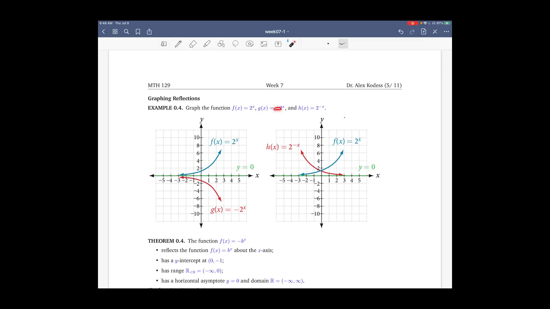The graph of negative 1 times 2 to the power x is obtained from the graph of 2 to the power x by a reflection about the x-axis. Remember, placing a minus in front of the function has the effect of reflecting about the x-axis.